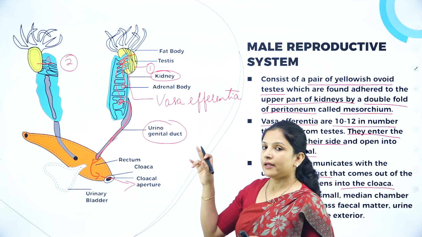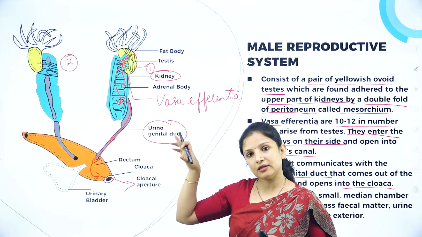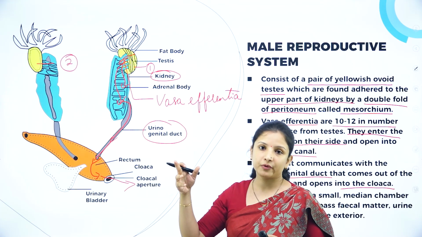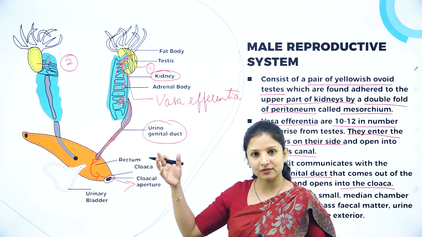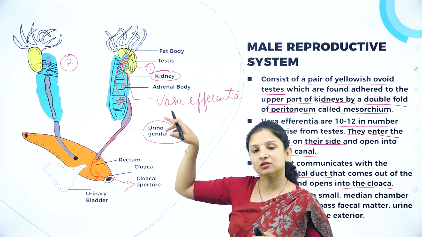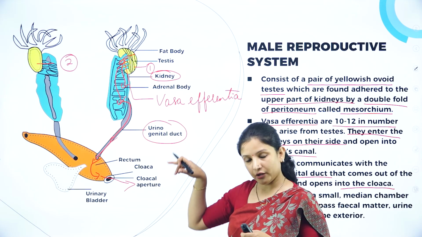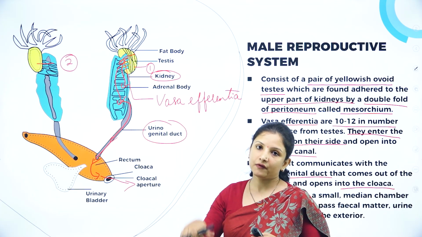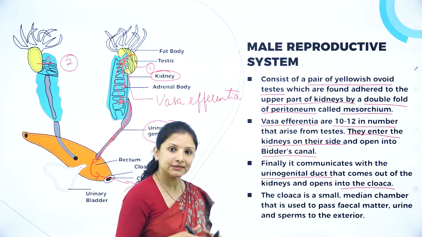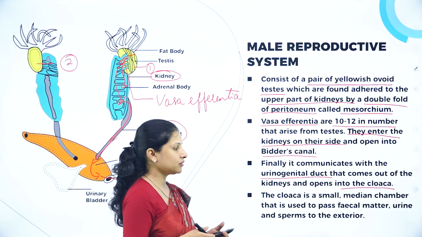Then comes the excretory system, wherein the kidney and then the ureter will open into the cloaca. Again, the reproductive system, wherein from the testes to the vasa efferentia, then to the Bidder's canal, then into the ureter, and then that ureter will open into the cloaca. All the organ systems in the frog open into the cloaca itself.